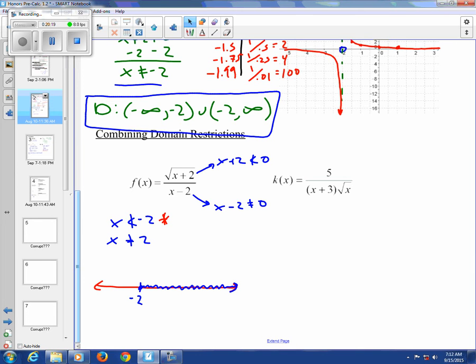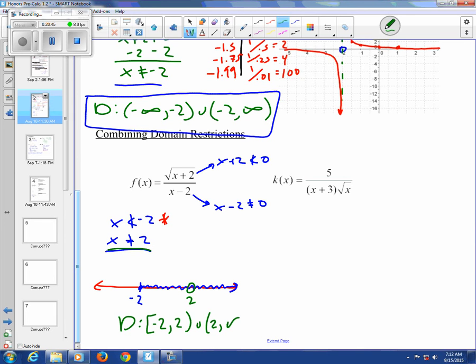Now, the second violation we have is x equaling 2 in the denominator giving us 0. So right here what we're going to say is we also cannot have x equal to 2. So right here what I've got is the domain as the two intervals from and including -2 to 2 union with 2 to positive infinity. And that would be the domain of this function right here.